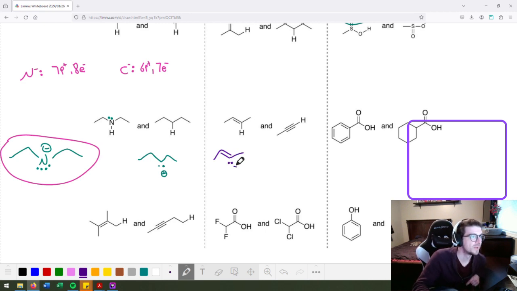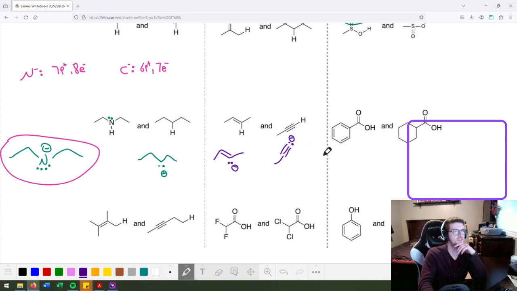Okay, so now we've got a lone pair on that carbon. Versus this one we've got a linear bond. So the deprotonated alkyne looks something like that.